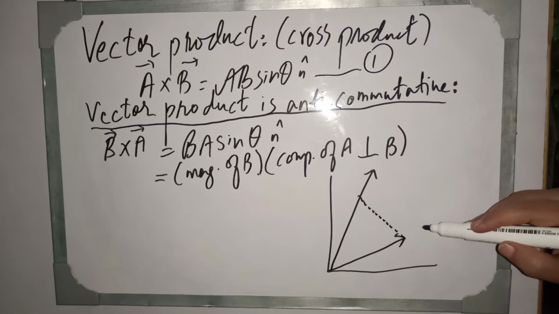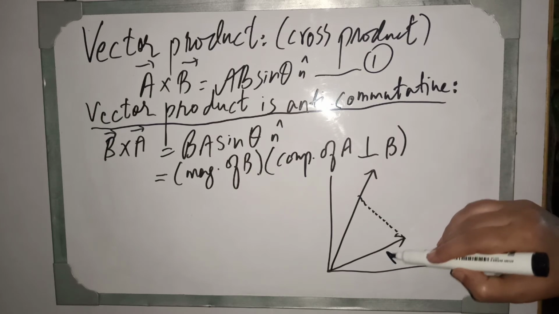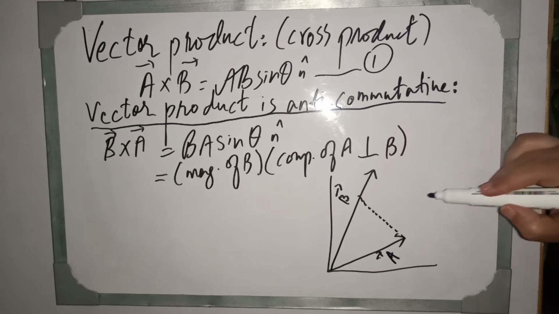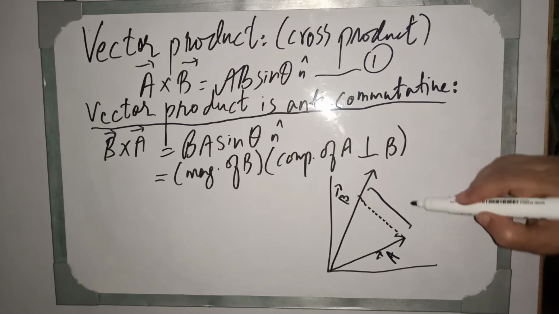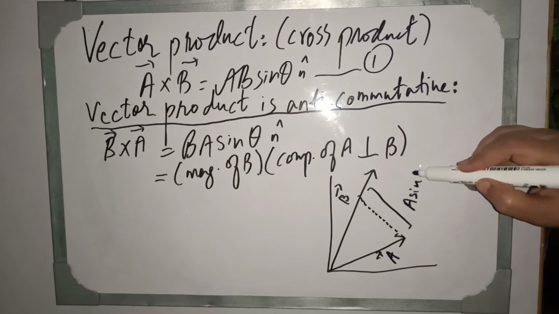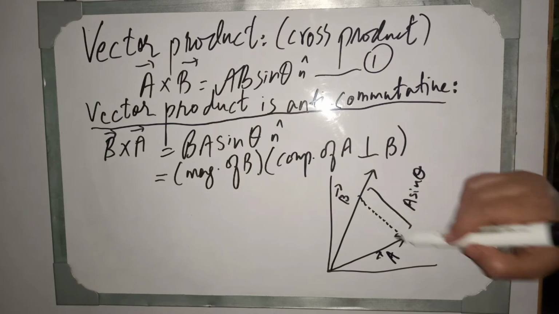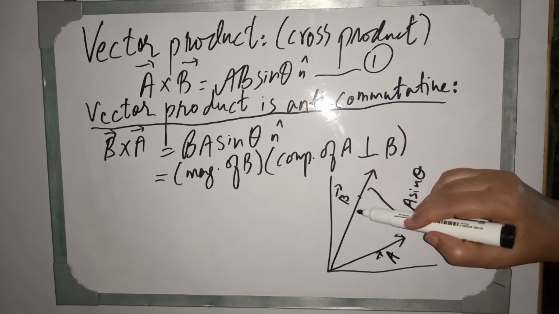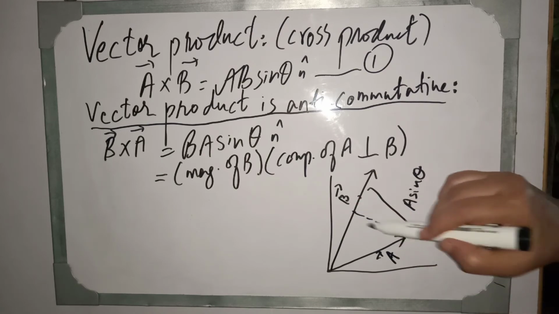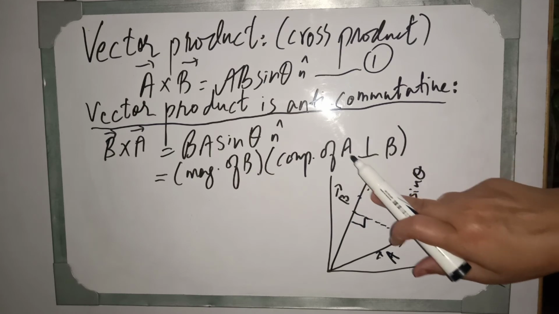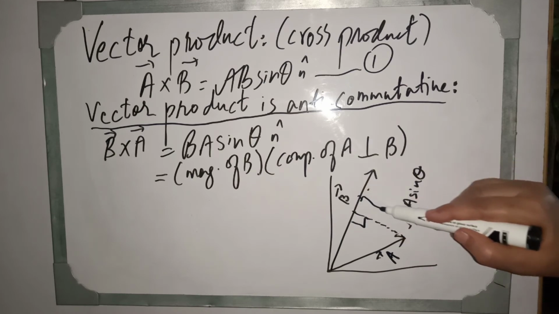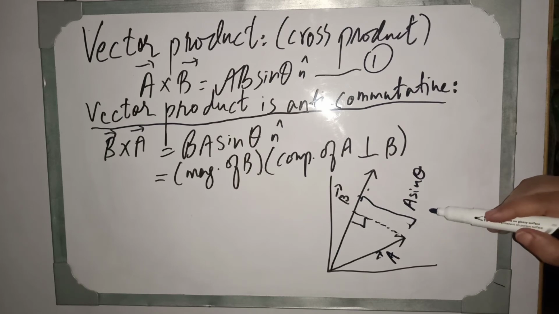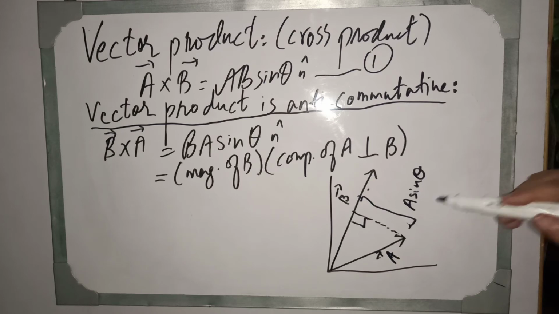Now this is vector A, this is vector B, and this is the component of vector A, which is called A sine theta. You can see that this component is just perpendicular to B. That's why this is called component of A perpendicular to B, and this component is also called A sine theta.